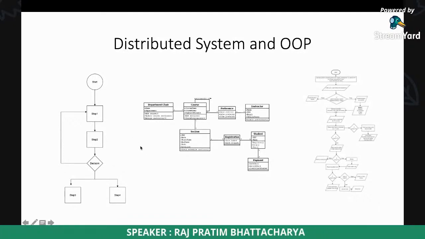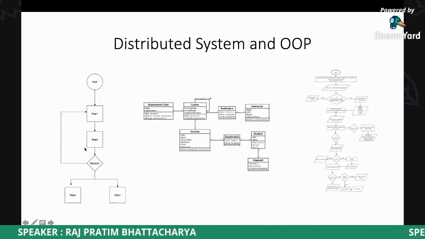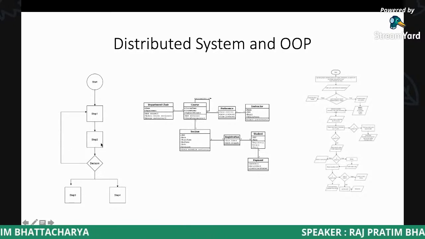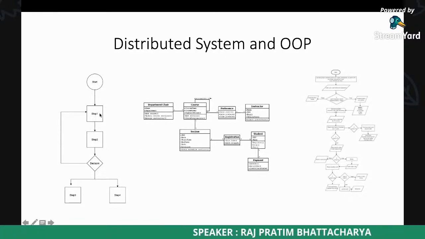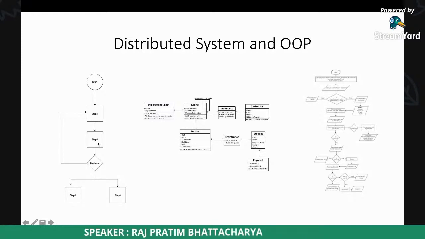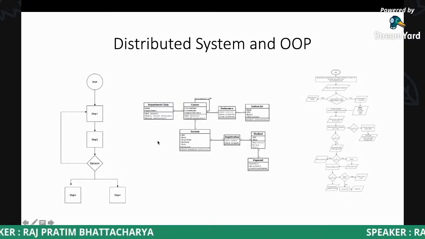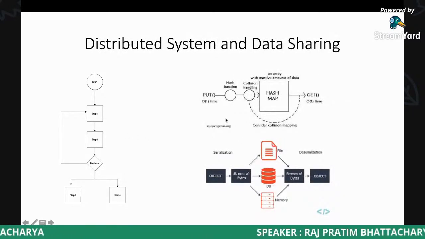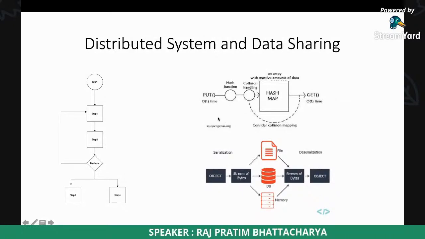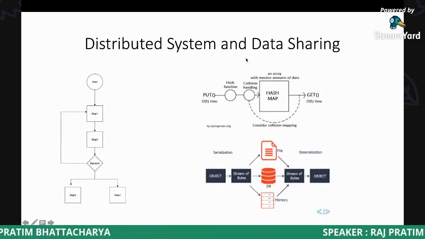How do they know? When I was in college, I used to think they must be making some API calls to each other, but it's not like that. Everything is centralized. There are two concepts for distributed system communication: serialization and hash maps.